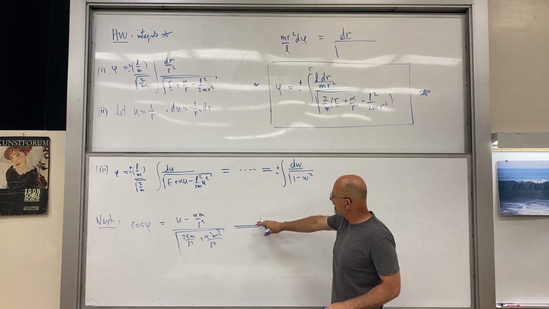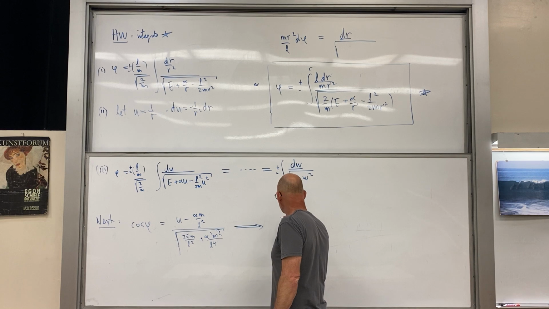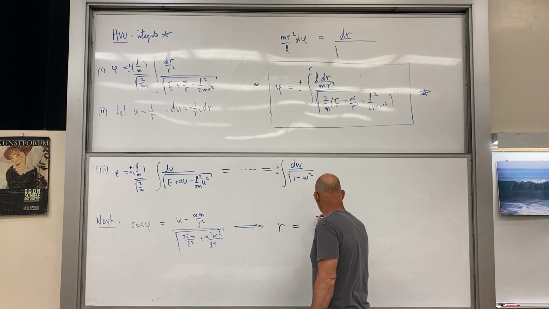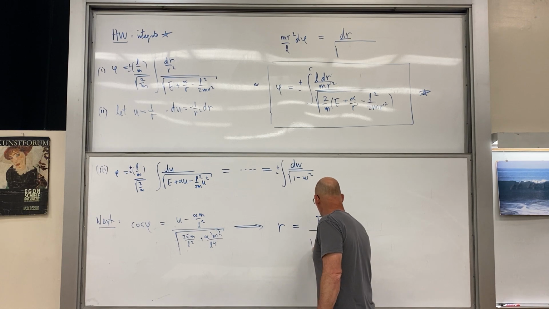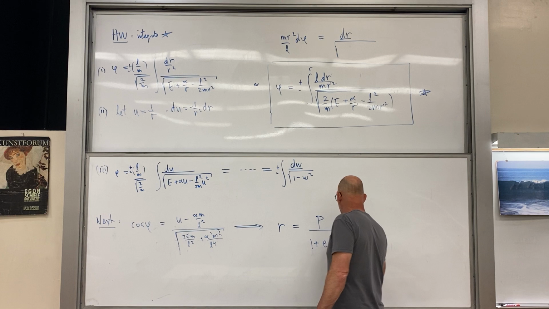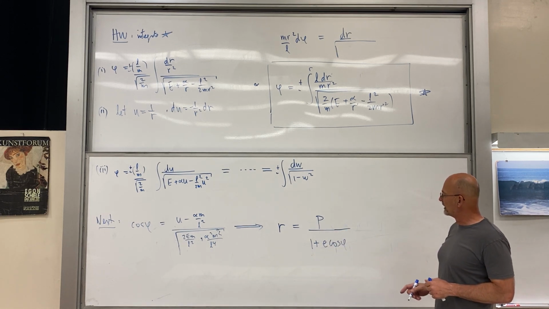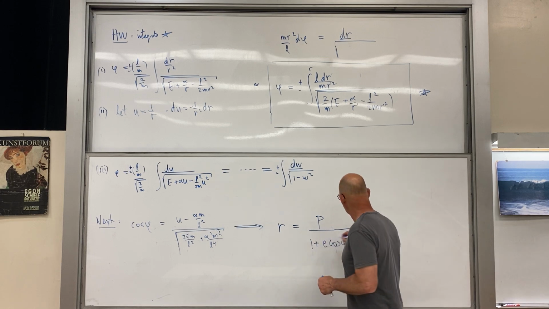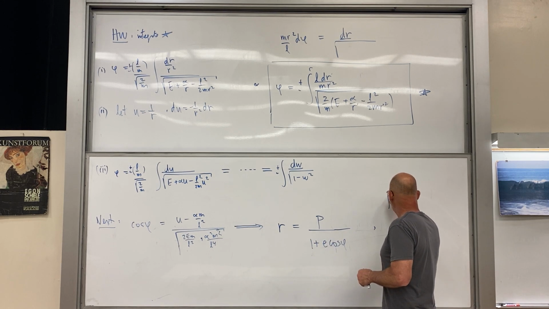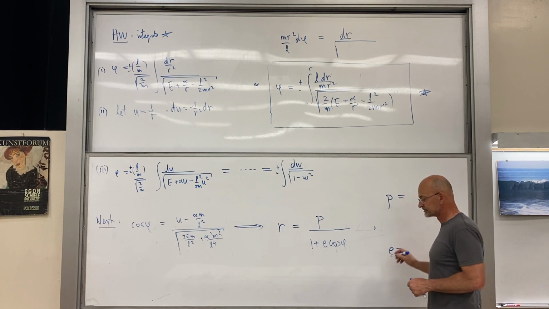From here on out it's just algebra, and you're going to end up with r is equal to p over 1 plus e times the cosine of phi. I had this up on the board the other day as the polar form, except now we're going to know what the parameter and eccentricity are.